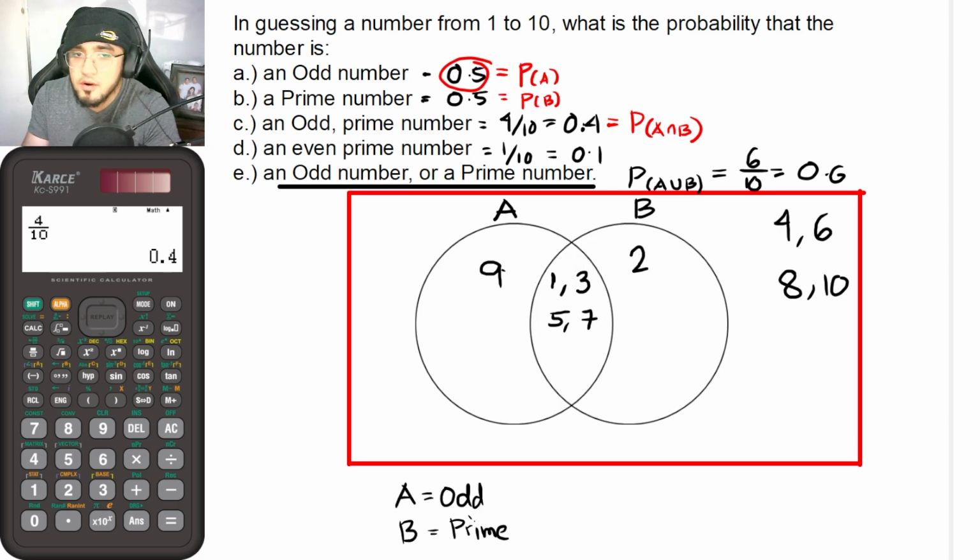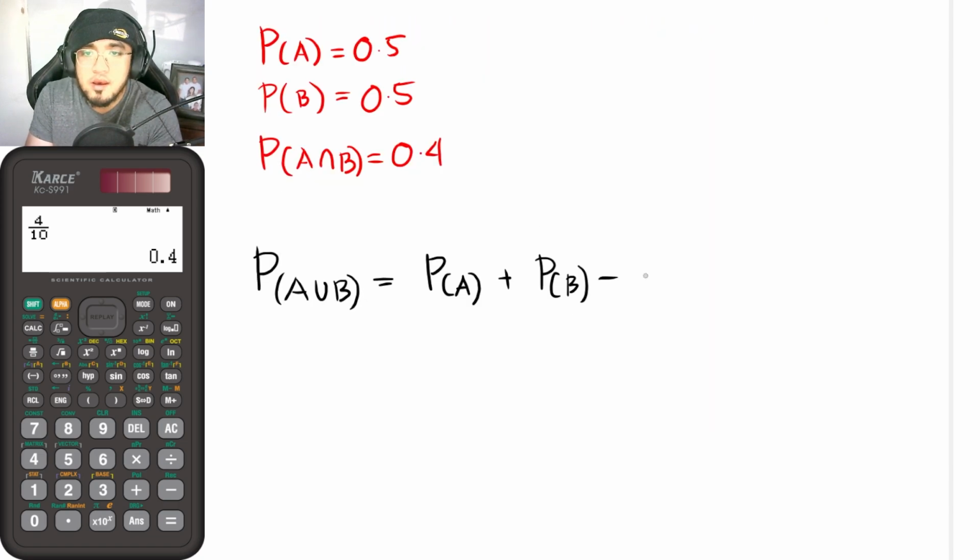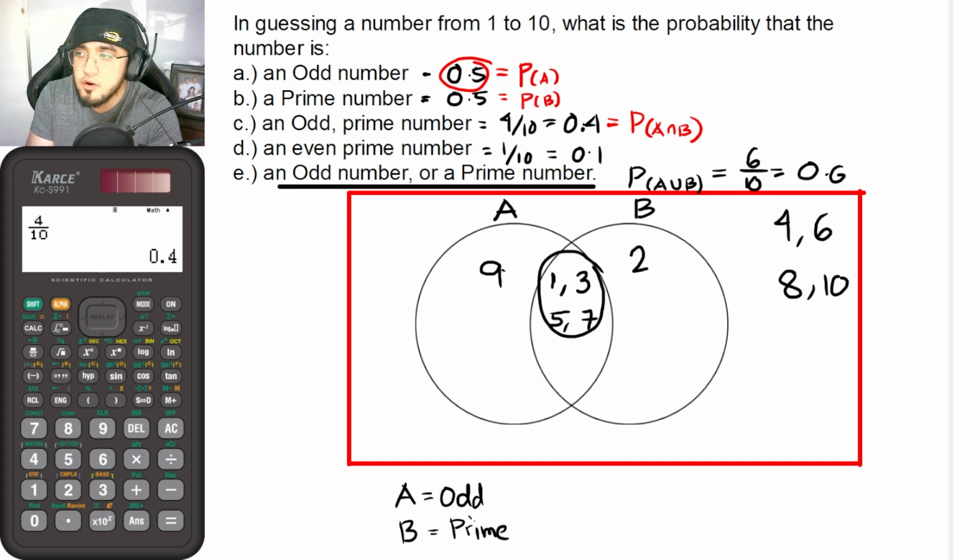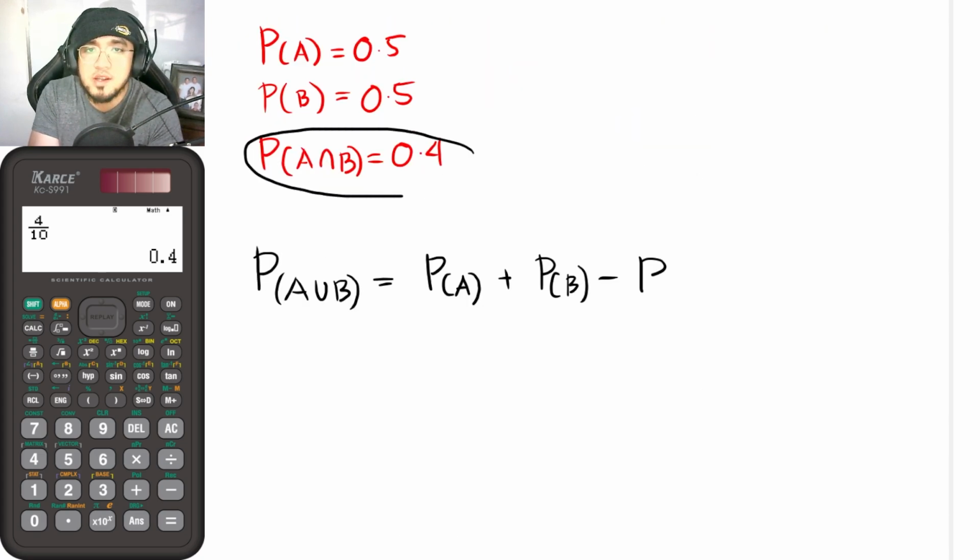And in order for us to avoid redundancy, we would now be subtracting the probability of the intersection itself.